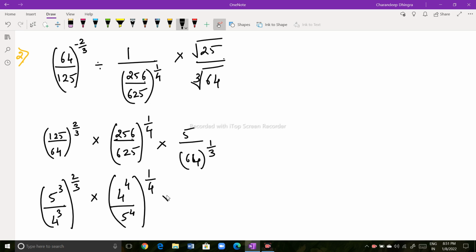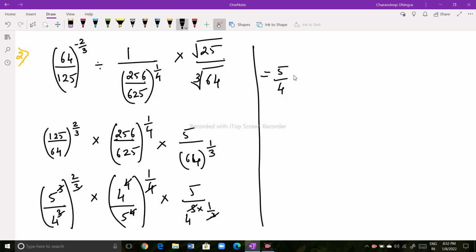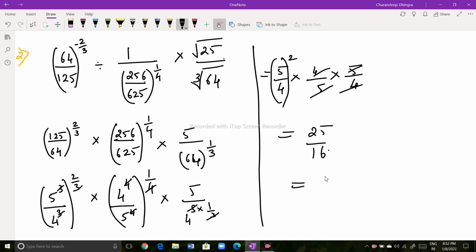This is 1 by 4 into 5. 64 is 4 cube into 1 by 3. So this 3 cancels. This 4 cancels with both of them. This 3 cancels with both of them. What is left is 5 by 4 into 4 by 5 into 5 by 4, right? And this square is still there, so this will be actually 5 by 4 the whole square. So this gets cancelled. Finally what we get is 25 by 16, which if you want you can write as mixed fraction 1 9 by 16.